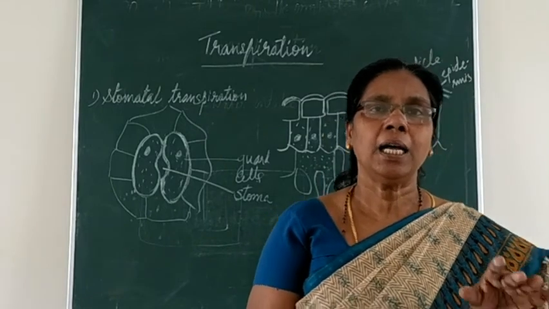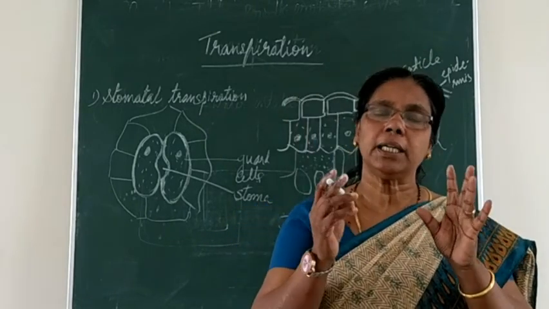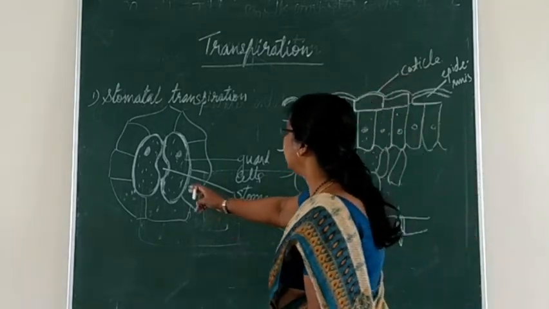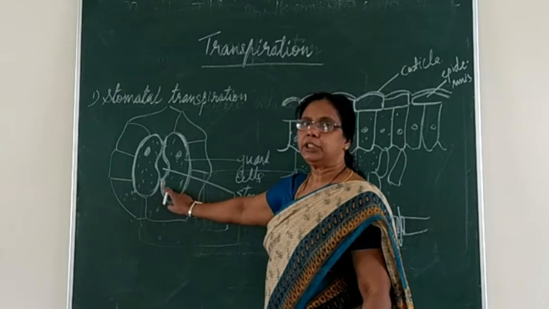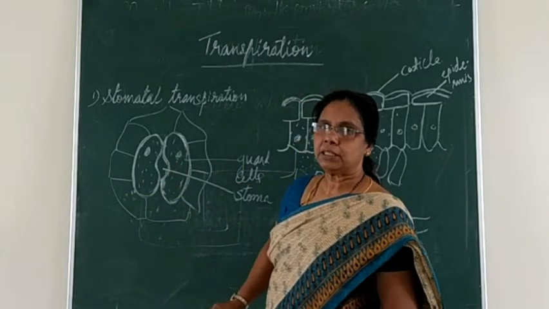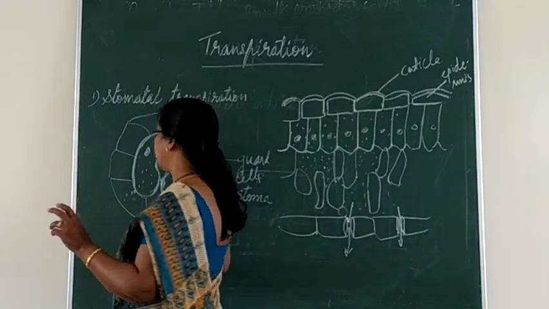You can see this transpiration occurs as long as the stomata is open. So from this diagram, can you say whether the stomata is open or not? Yes, here it is open. Now I will show you the structure of a closed stomata.